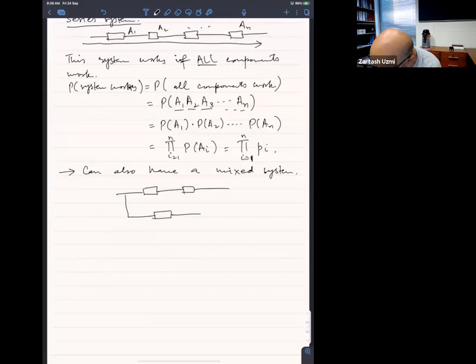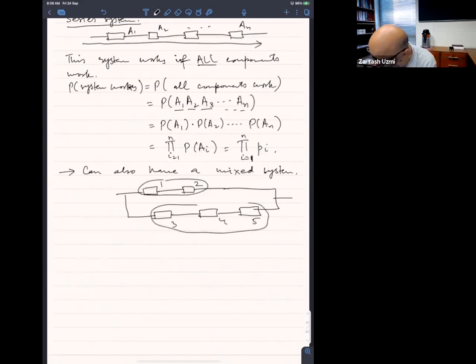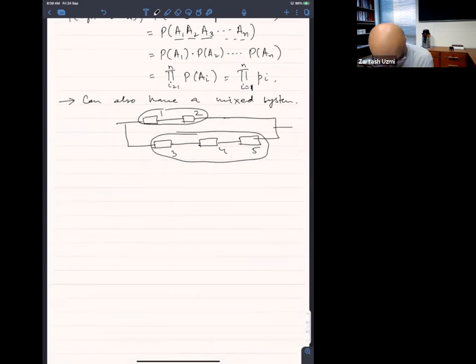So this system will work when या तो 1 और 2 ये दोनों के दोनों काम कर रहे हो, या 3, 4, 5 ये तीनों के तीनों काम कर रहे हो. ठीक है. So if 1 and 2 both are working, the system is working. If 3, 4 and 5 all three of them are working, then the system is working. ठीक है.